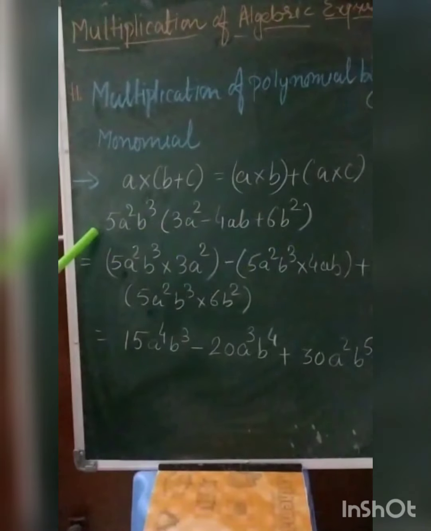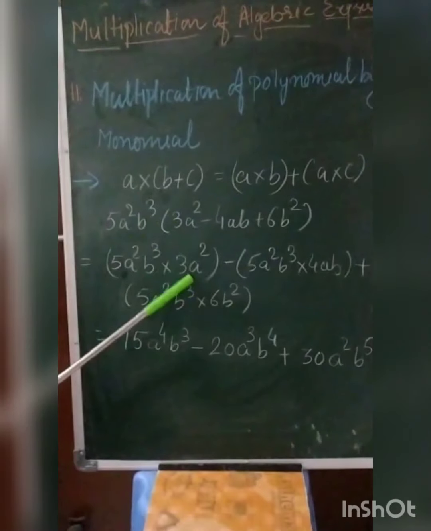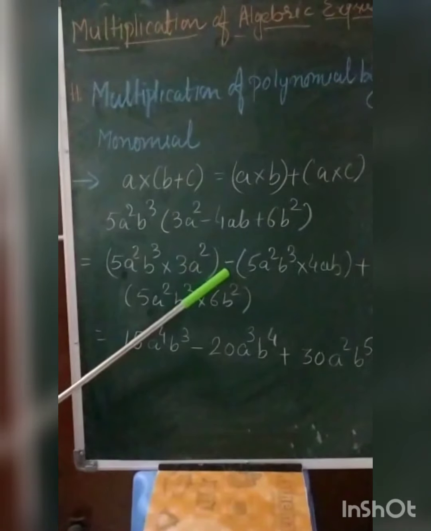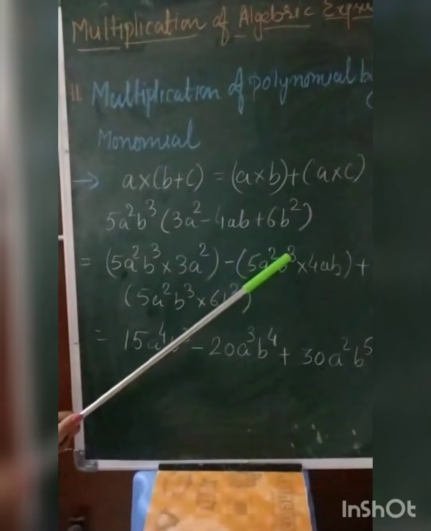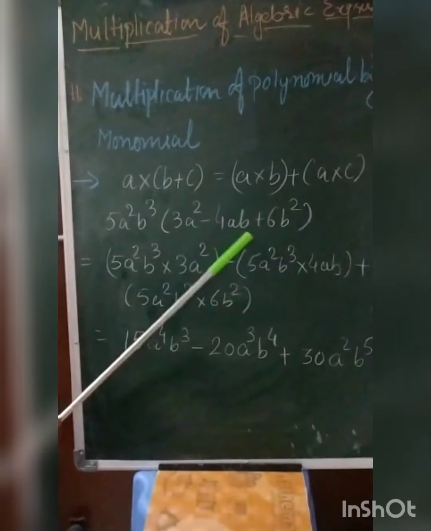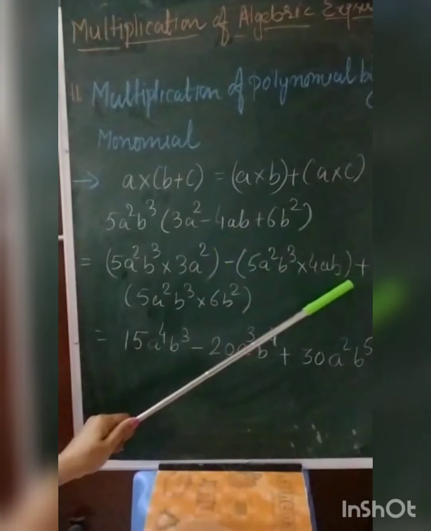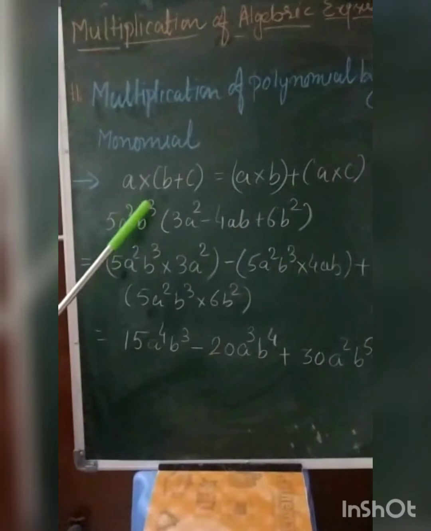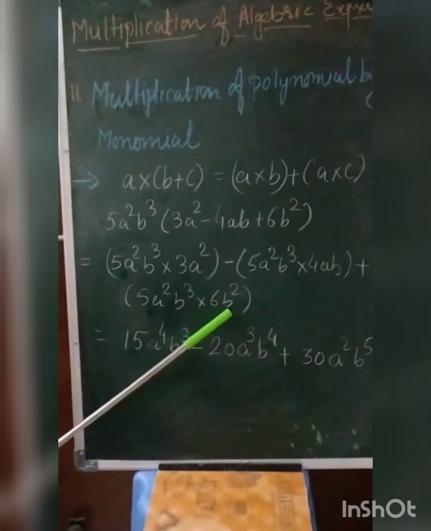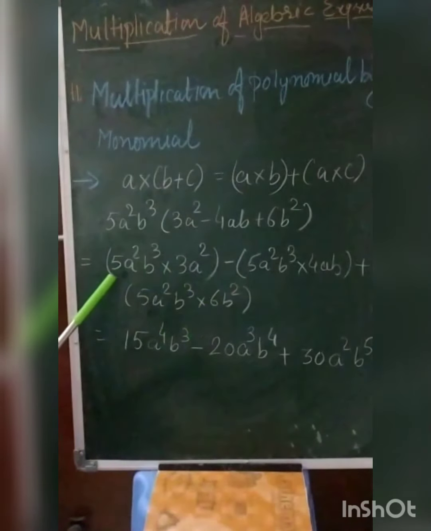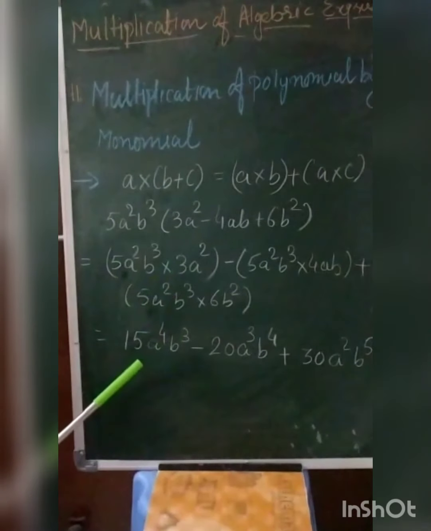So it will be 5a square b cube multiplied by 3a square, minus 5a square b cube multiplied by 4ab, plus 5a square b cube multiplied by 6b square. Now firstly we will do the multiplication of numbers, or you can say the numerical coefficients. 5 into 3 will be 15.